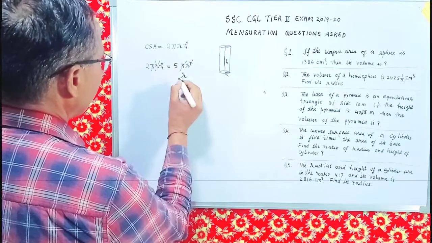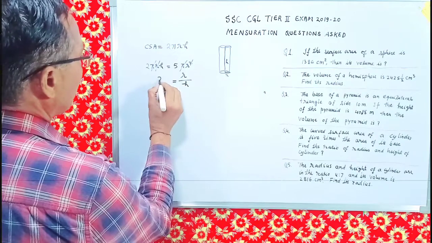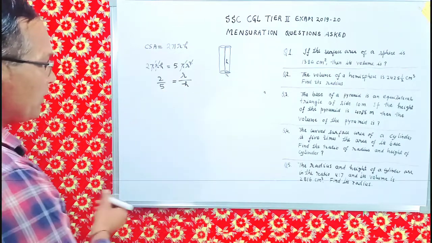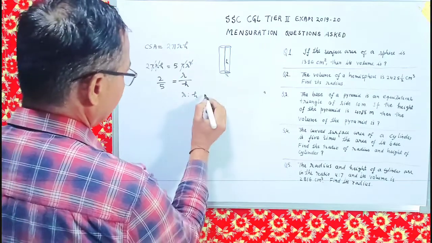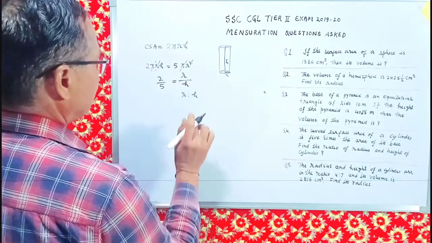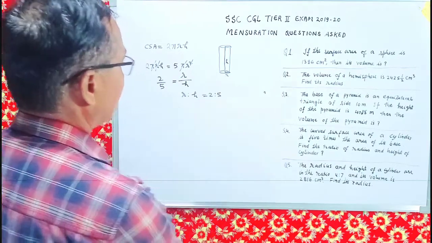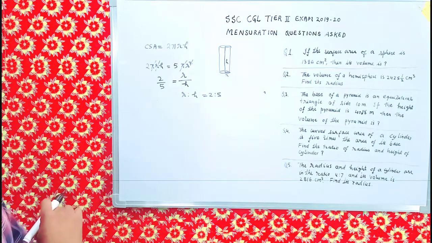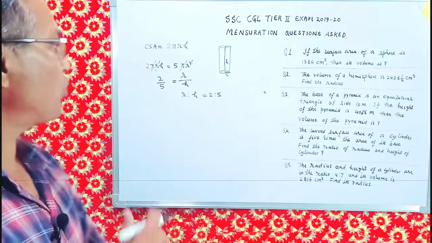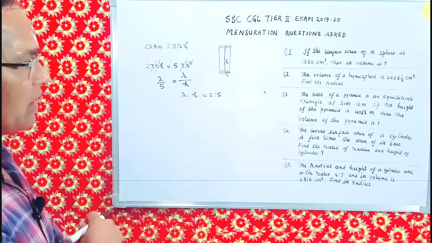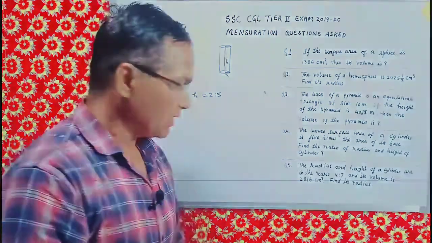R upon, we will bring the H in the cross multiplication to the right side, and 2 upon 5. So we can write this R ratio H is equal to 2 ratio 5, because ratio is the value which is in the fractional form. भिन्न के रूप में होती है अनुपात की वैल्यू. तो उसको हम इस प्रकार से लिख सकते हैं और इसकी ये त्रिज्या और ऊंचाई 2:5 में आ जाएगी.